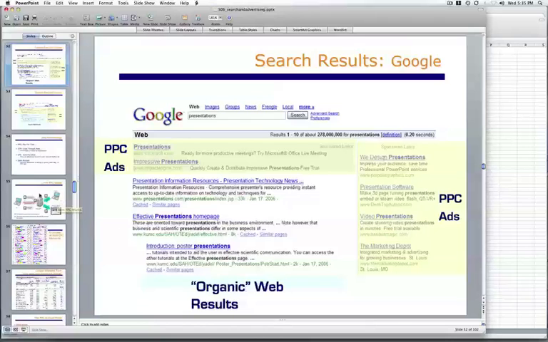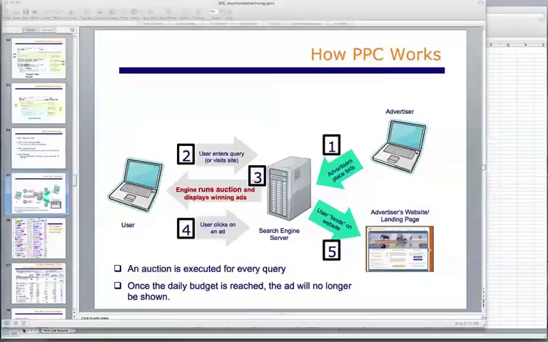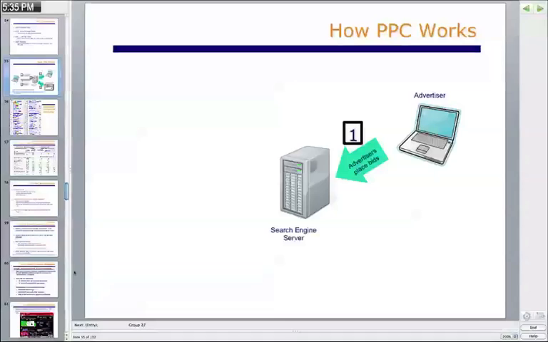The way this process works is that the advertiser first submits to the web ad engine different ads with corresponding bids representing the amount of money that the advertiser would be willing to pay.